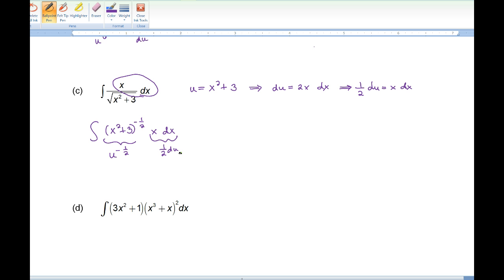So what are we going to do with this 1/2 in front of the du? Move it to the front. So it's going to be 1/2 antiderivative of u to the negative 1/2 du. Now we just do the power rule. So add 1, divide by that power.